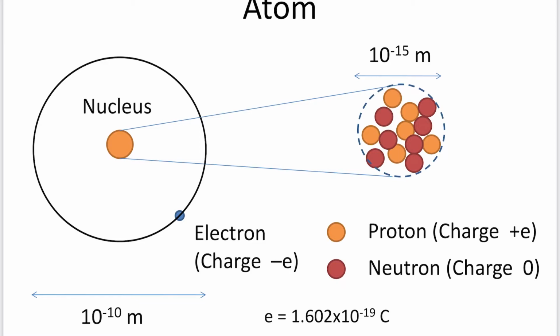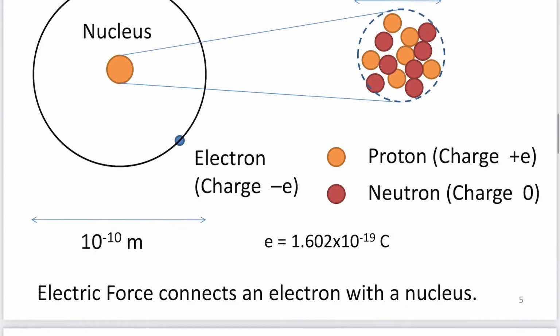These protons and neutrons are bound by the strong nuclear force. Surrounding the nucleus, electrons are distributed in atoms. The size of the atom is 10 to the minus 10 meters. These electrons and the nucleus are combined by the electric force.